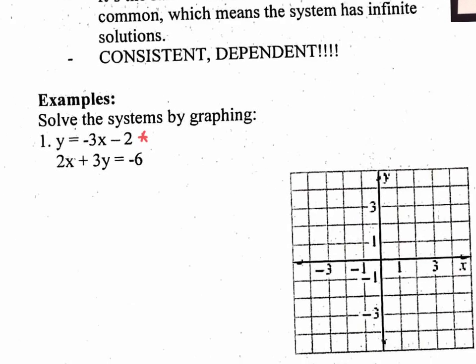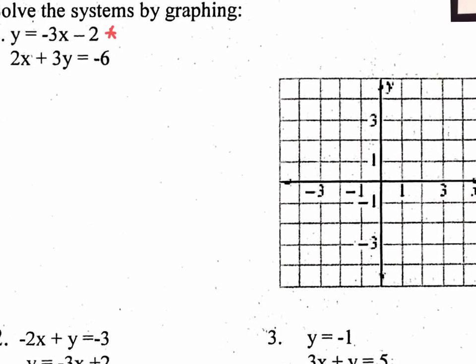So let me go to my graph. It crosses at -2 right here, and from this point, I want to go down 1, 2, 3, and over 1. Does that make sense? Okay, so my b value is -2, my m value is -3. Here's the -2, my b value.